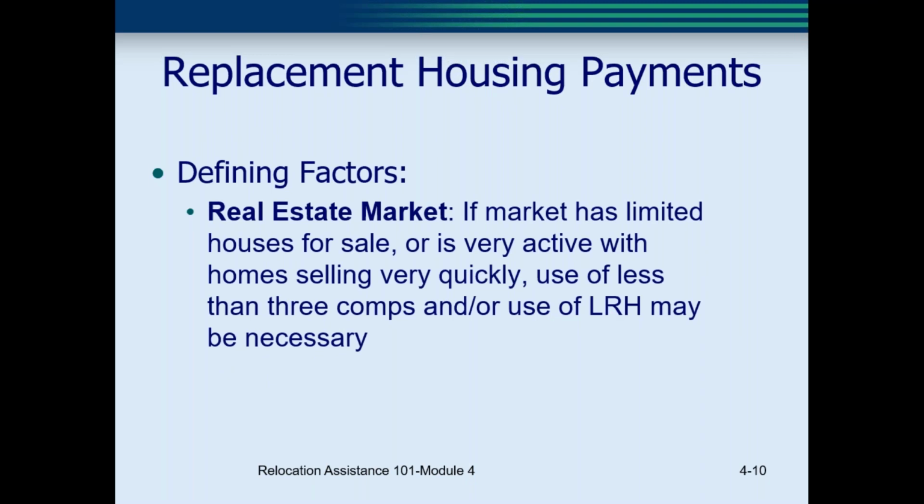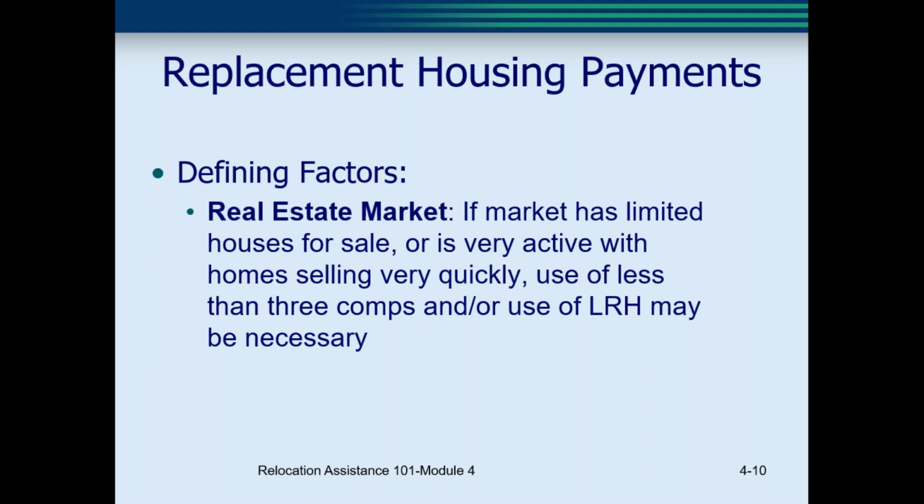So let's talk a little more about the components of a reasonable market search. If a market has a very limited number of houses for sale in the search area, or the market is very active, resulting in homes selling very quickly after they are listed, which is what we're seeing out there right now, the relocation agent may need to request approval for use of less than 3 comparables and/or the use of last resort housing.